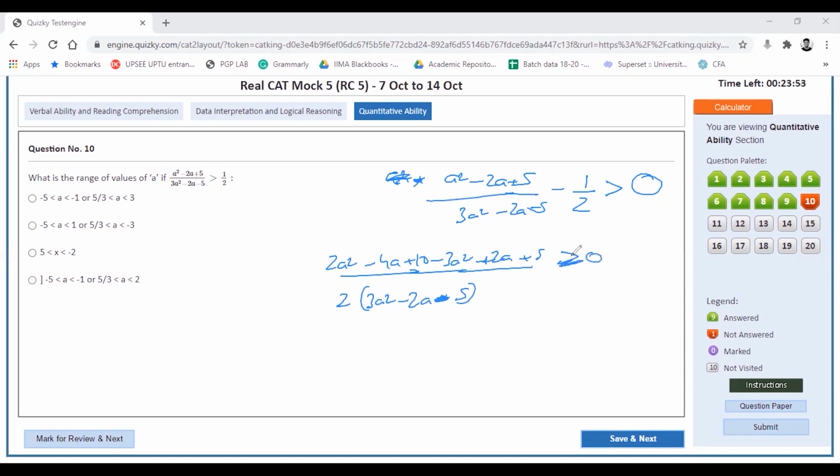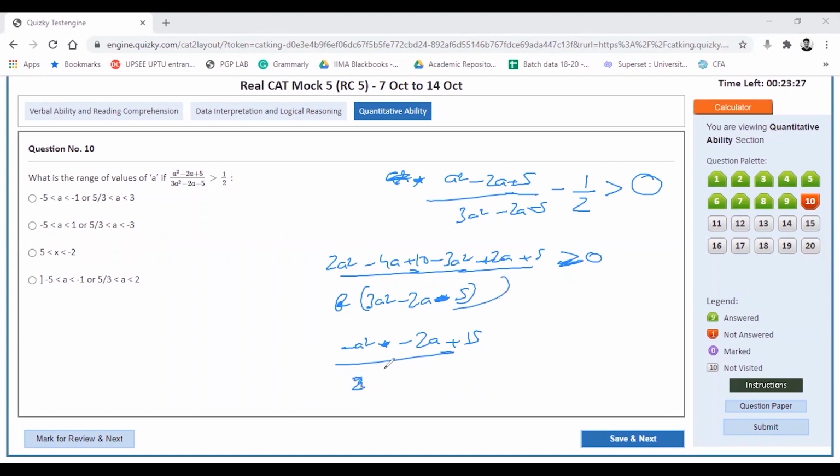Okay. And now I'll simply try to factorize my values here. Firstly, let me take minus, sorry, minus a square minus 2a, and then plus 15 divided by 2. Anyways, this is a positive quantity. I can take it to the other side.